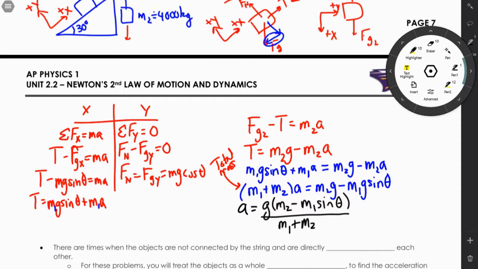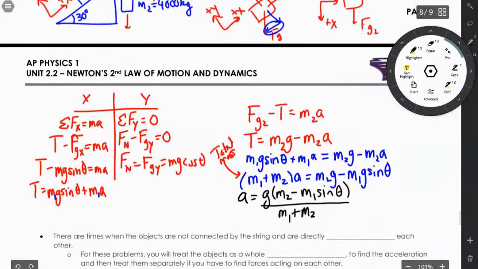We're going to have 10 times M2 was 4,000, M1 was 2,500, sine 30, divided by 4,000 plus 2,500. And so the acceleration of our system is going to be 4.23 meters per second squared. There is our acceleration.